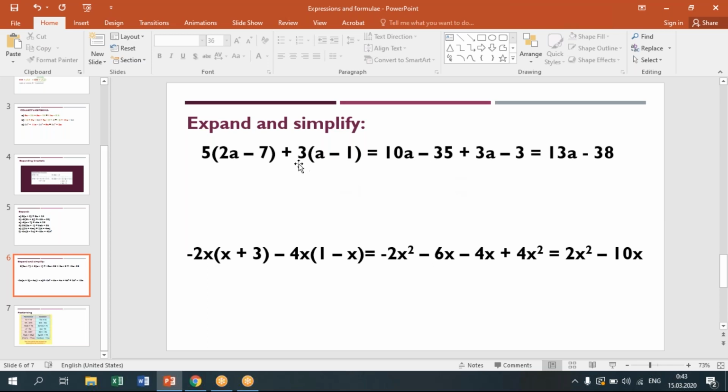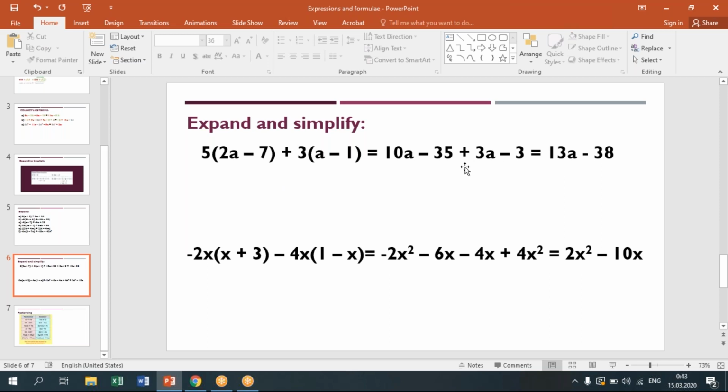Positive 3, because as I said before, we have to look at the signs which we have before. Positive 3 multiplied by a will be positive 3a. Positive 3 multiplied by negative 1 will be negative 3.